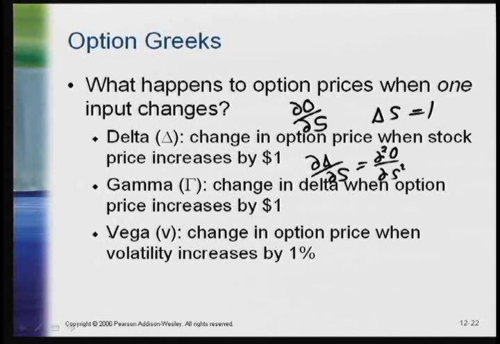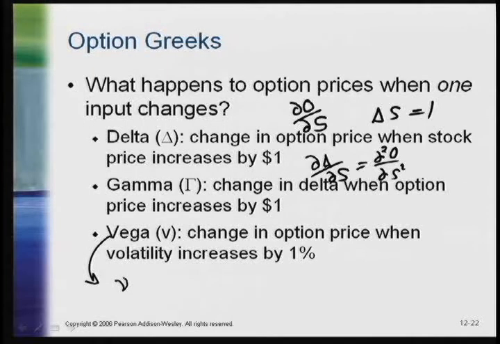Vega, which is actually not a Greek letter, but is often denoted with a V, and sometimes looks like a script V or a nu in Greek. Vega is what happens to the option price when volatility increases by 1%. And I'll talk later about the convention.